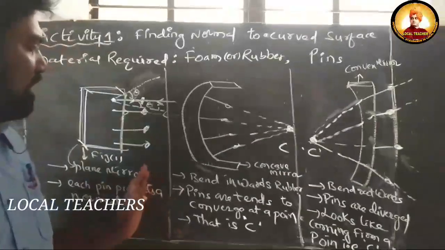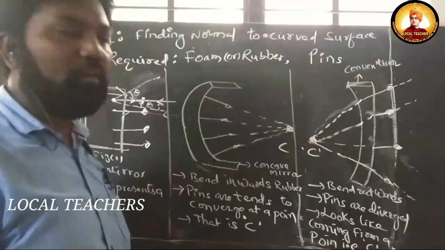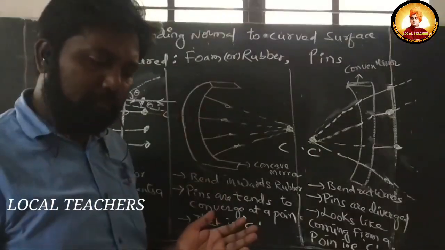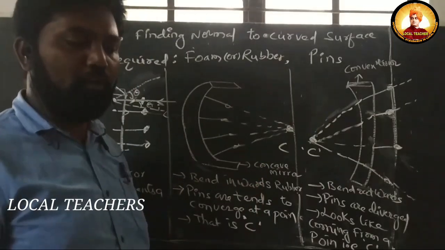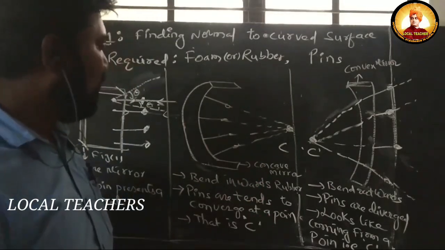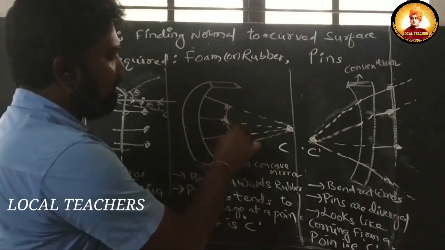Okay, next come to figure 2. In this figure we bend the rubber inside. So we fold the rubber inside. Observe here the distances between the pins.